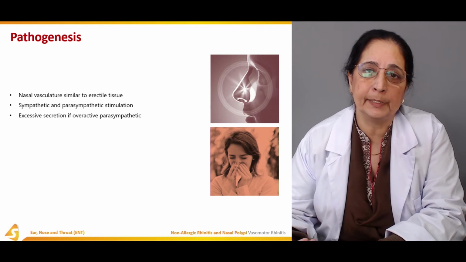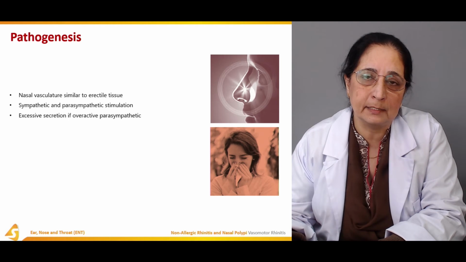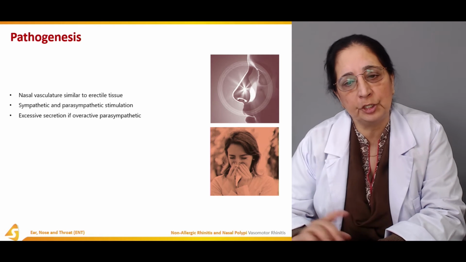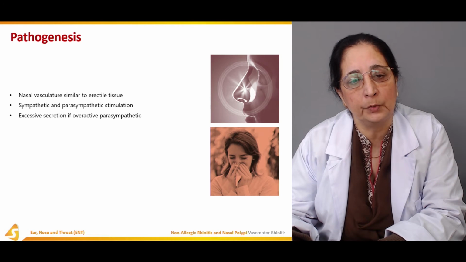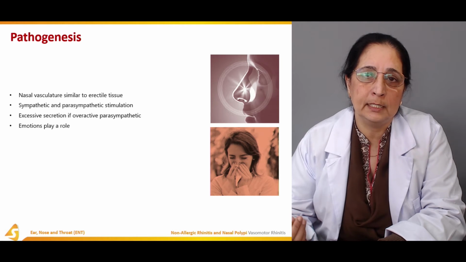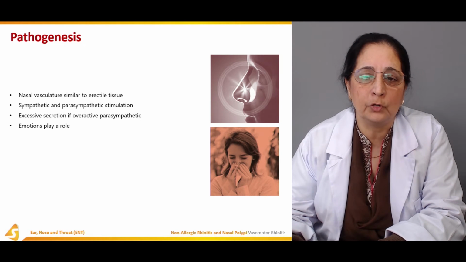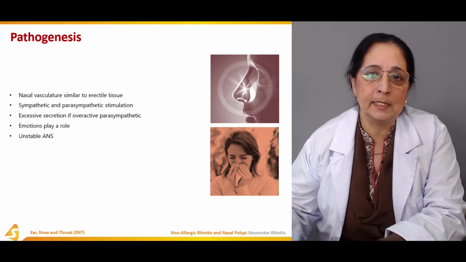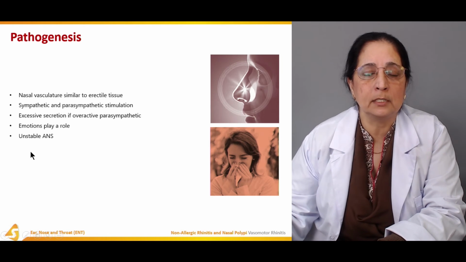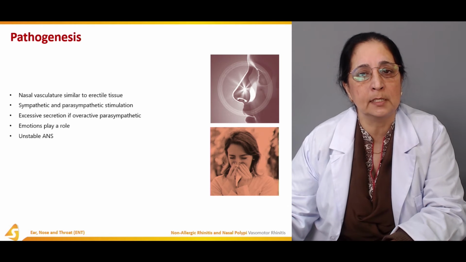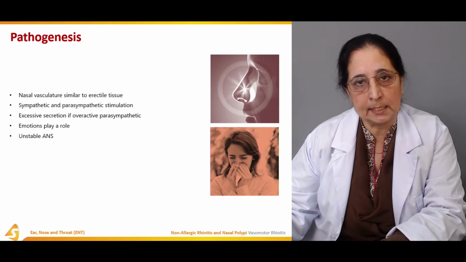If the parasympathetic system is overactive as compared to the sympathetic, there are excessive secretions and there is rhinorrhea. Emotions play a role also in the development of vasomotor rhinitis. In this, there is an unstable ANS, or autonomic nervous system.